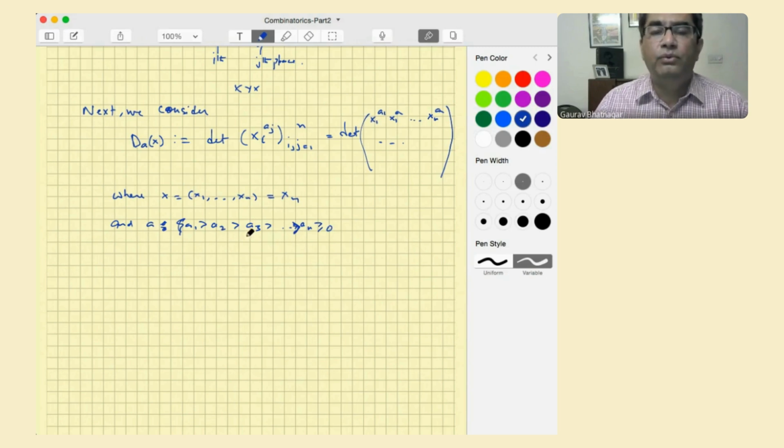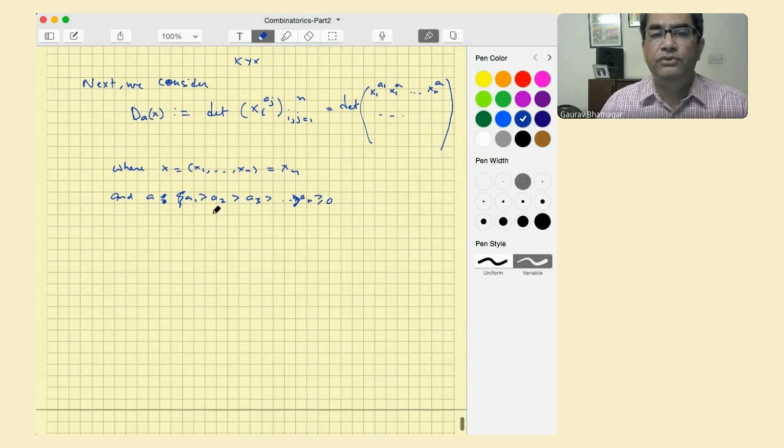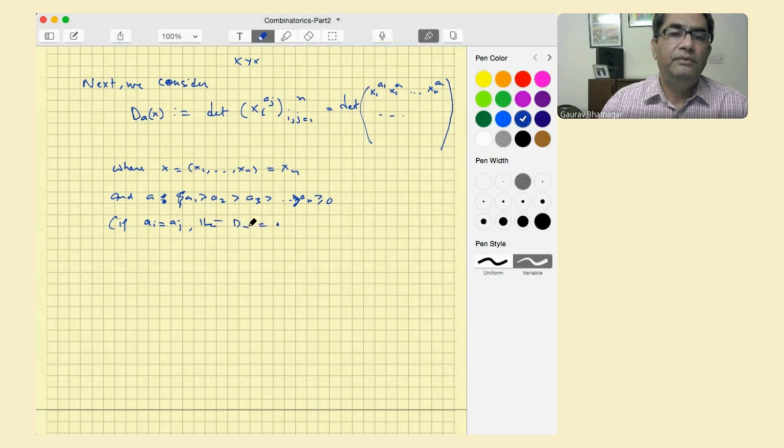So if two are equal, then this will be zero. The determinant will be zero. So you might as well choose something which is strictly distinct. So I should remark that if ai equals aj, then dA would be zero. So we consider distinct sequences.